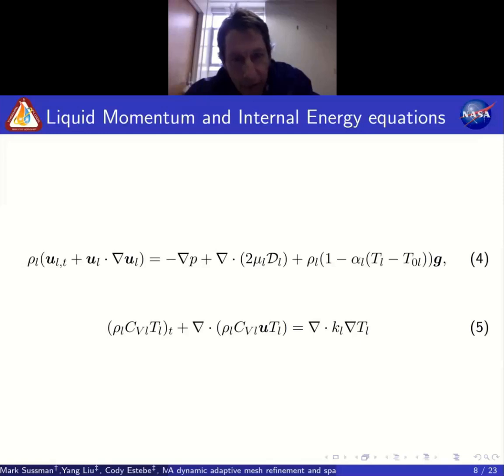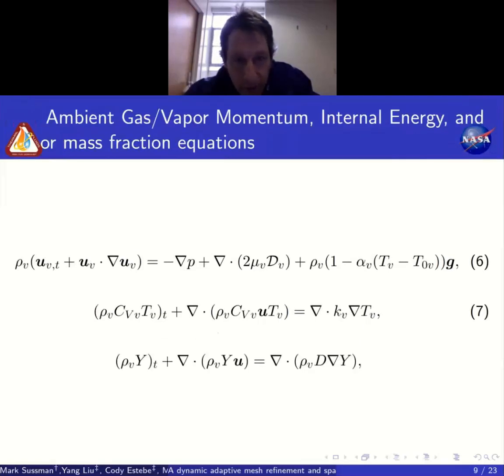To reiterate, the liquid is modeled as incompressible, and the vapor is modeled as compressible, but the density is spatially constant and varies only in time. In the bulk liquid and vapor regions, we can discretize the equations where we can refine in both space and time, in order of accuracy and also resolution.